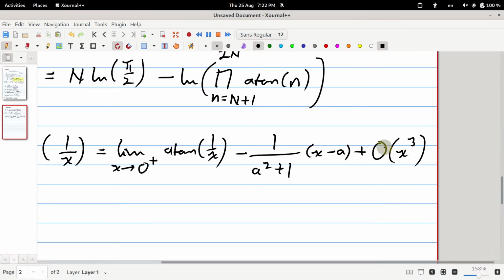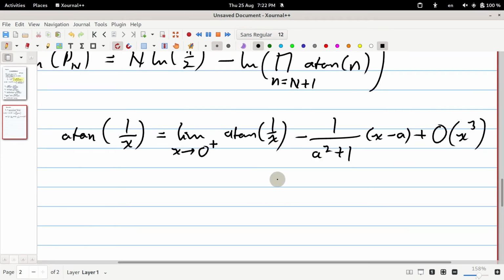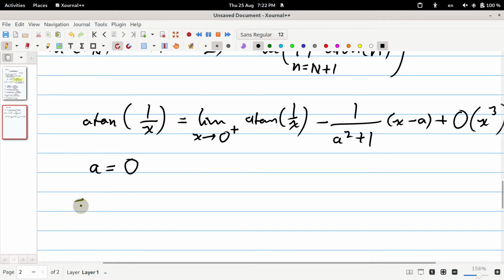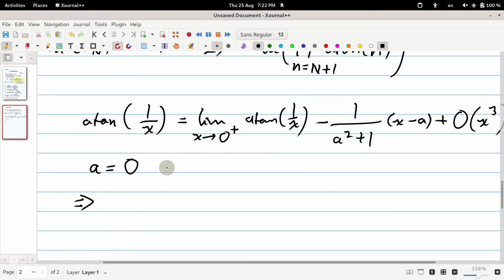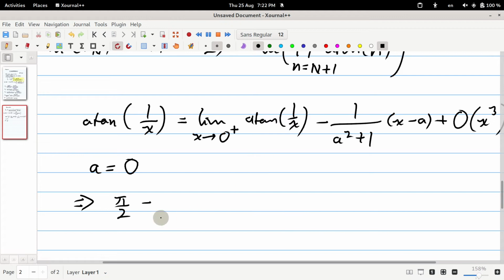There's no x squared there because the x squared term gets multiplied by 0 due to the derivative. This would be the Maclaurin series because a equals 0, and this thing right here evaluates to pi over 2. So pi over 2, this is just 1 with the minus sign and x. So that'll be minus x plus this remainder term.